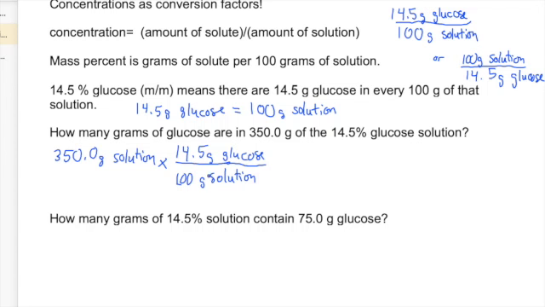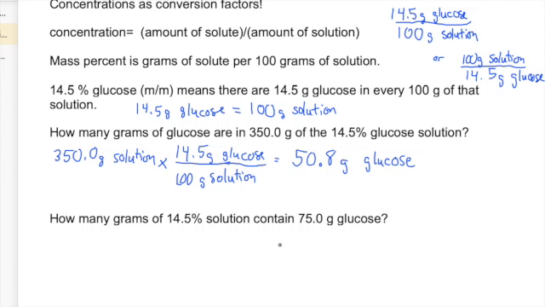So we're using this one over here, and what we get here is 50.8 grams of glucose. And that makes sense. We can make a prediction before we start. If you have 350 grams of solution, then the amount of glucose in there is going to be less than 350 grams.